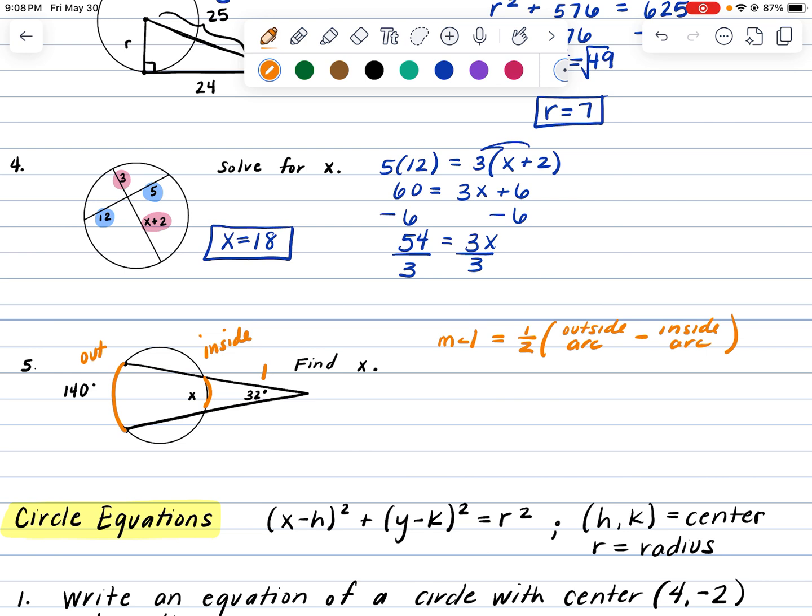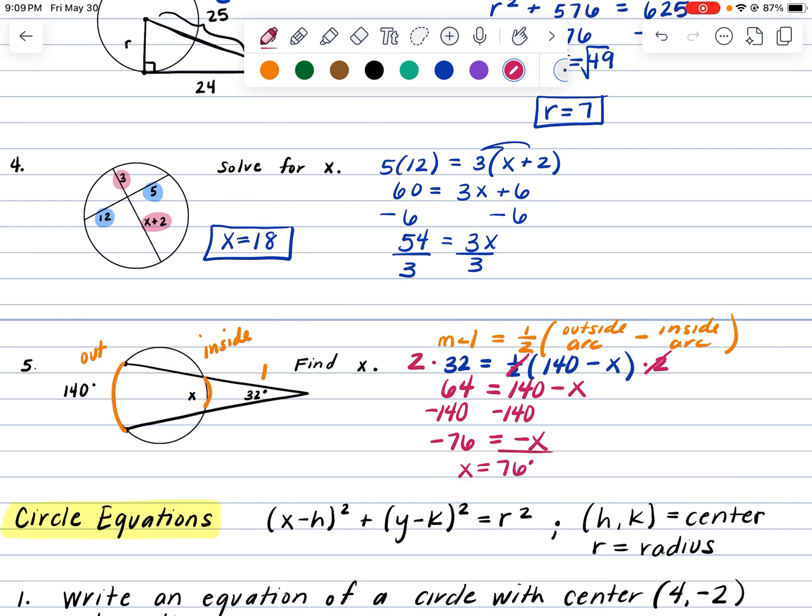So the measure of angle 1 is 32, is equal to 1/2 of 140 minus x. And we undo a half by multiplying both sides by 2. So 64 is equal to 140 minus x. I can subtract 140. And I get negative 76 is equal to negative x. And so x is equal to positive 76 degrees.